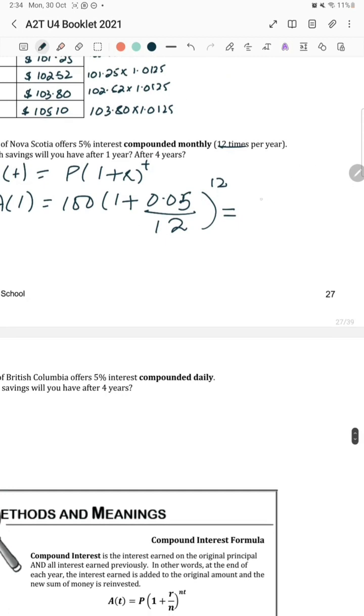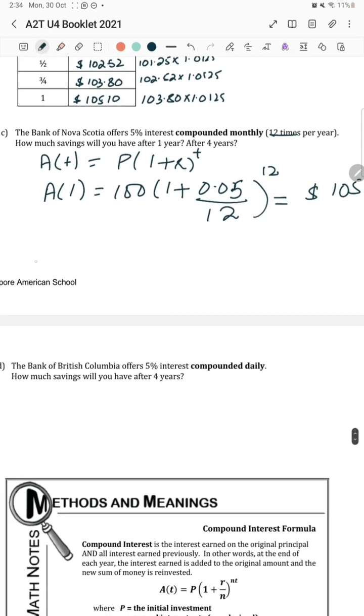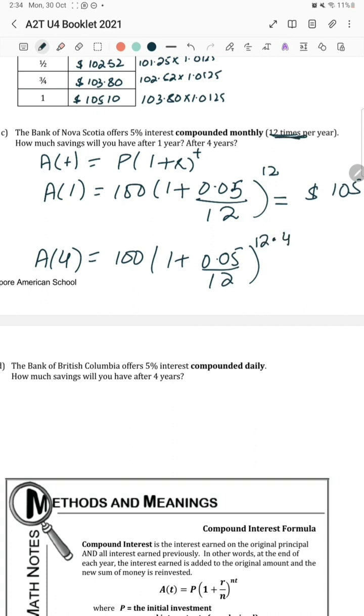Solving this, we will get $105.12. And for 4 years, A of 4 is equal to 100 times (1 plus 0.05 divided by 12) to the power of 12 multiplied by 4. So here it is 12 times per year, but it is for 4 years, so 12 multiplied by 4.